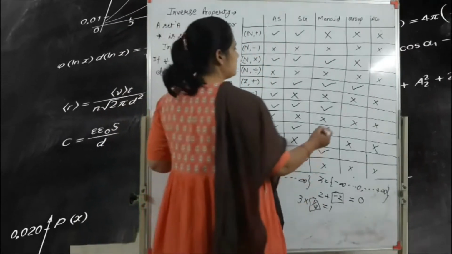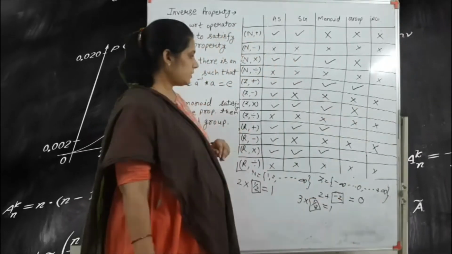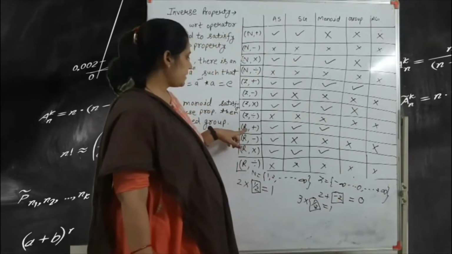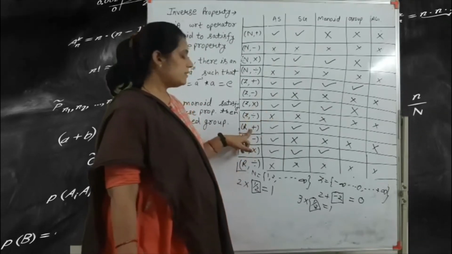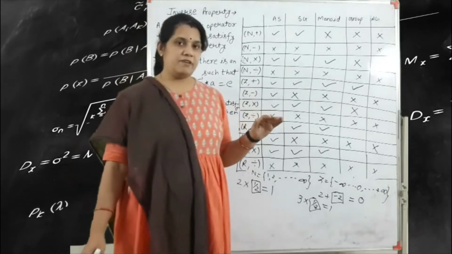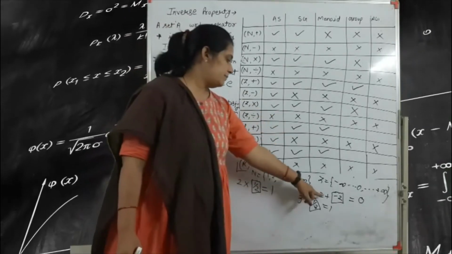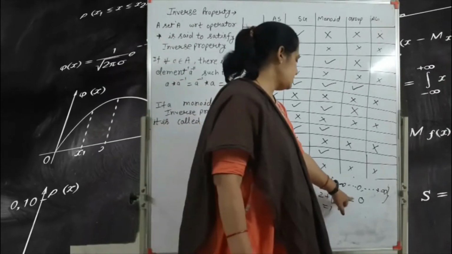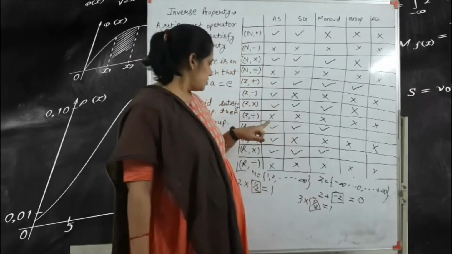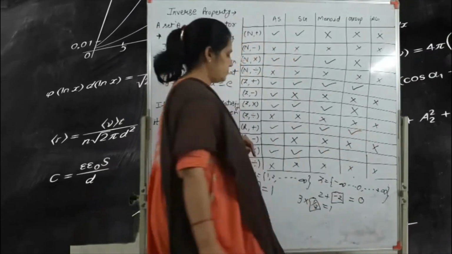That means this does not satisfy the inverse property. Okay, next one is R plus. In R plus we have minus infinity to plus infinity, and fractions also. If we use 2, then 2 minus 2 is equal to 0, and minus 2 is also present in R plus. So this satisfies the inverse property.